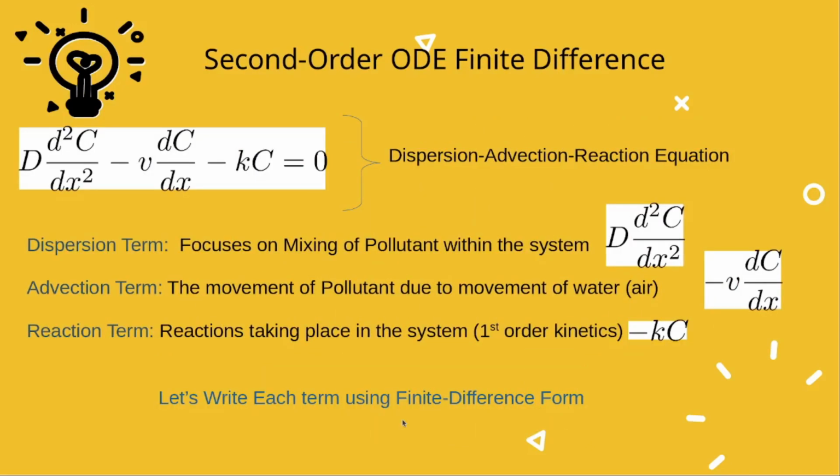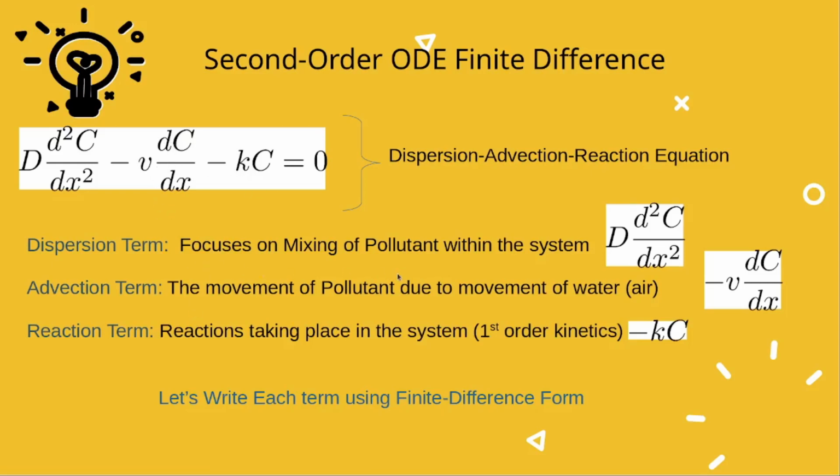The equation that we are going to be looking at here is called the Advection-Dispersion-Reaction equation, or the dispersion-advection-reaction equation. We have here a dispersion term, and D is the dispersion coefficient. This is the second order derivative of the concentration, minus this is the advection term, and this is the reaction term, and this is a first order derivative here.